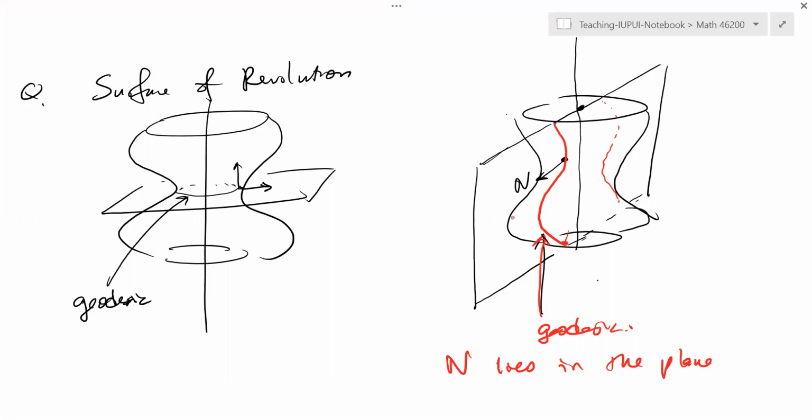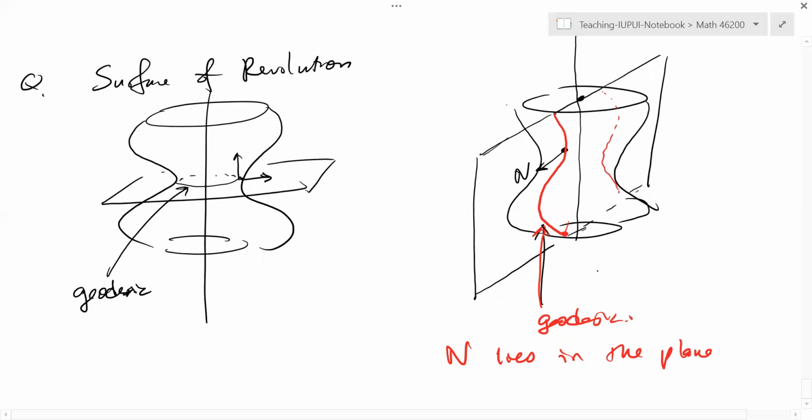So on a surface of revolution, you will see that the curve you use to generate the surface is a geodesic. And the shortest closed circle on the surface is also going to be a geodesic.